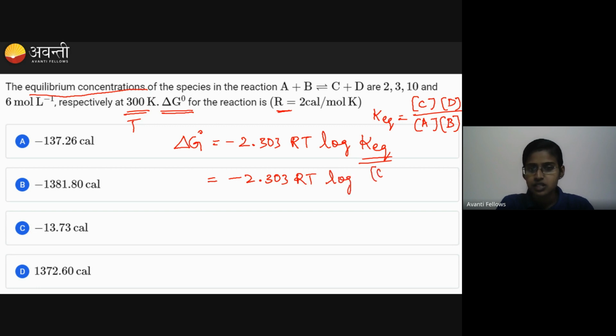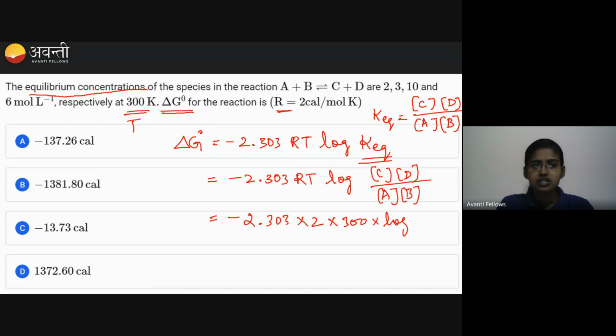So just substitute the values here. Okay, let me do it quickly. 2.303, R value is 2, temperature is 300, into log of, what is the concentration of C? It is 10, and for D it is 6, for A it is 2, and for B it is 3. Now the 2 gets cancelled. Here we are having log 10 is equal to 1.